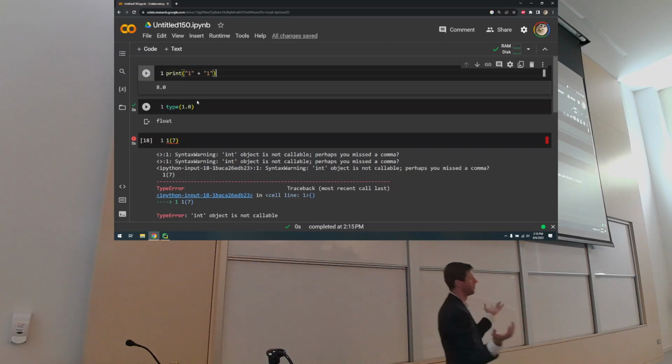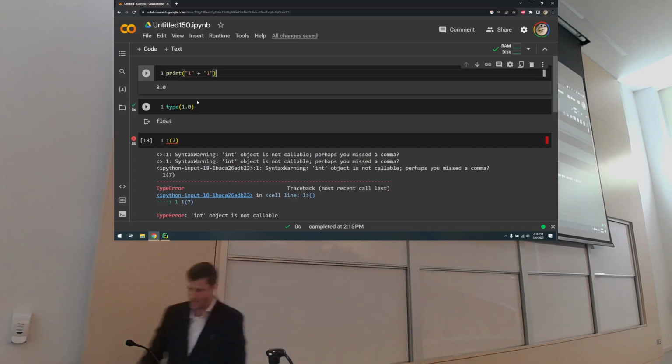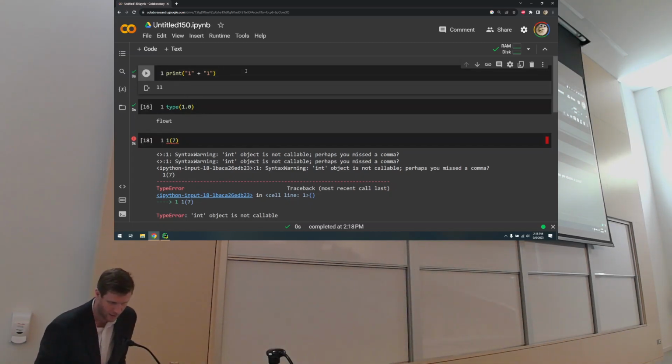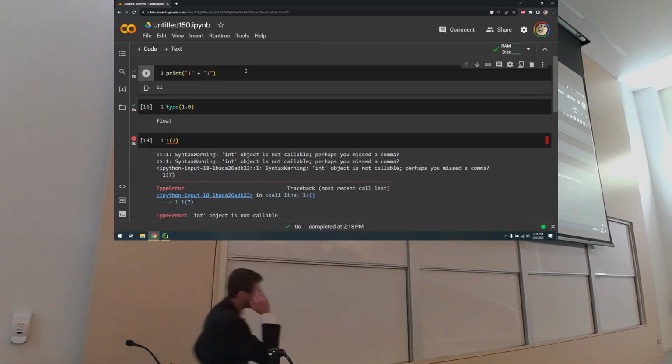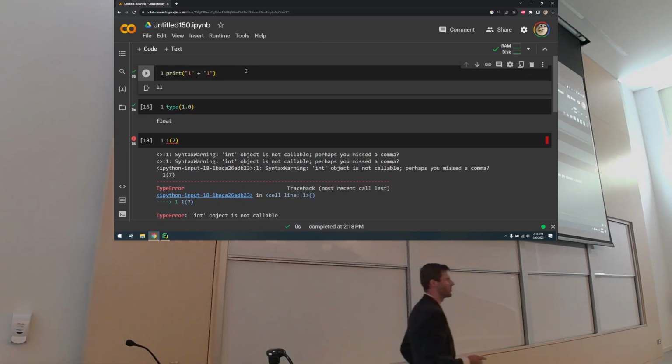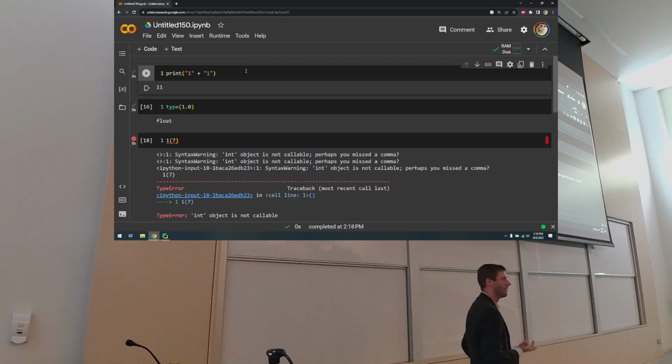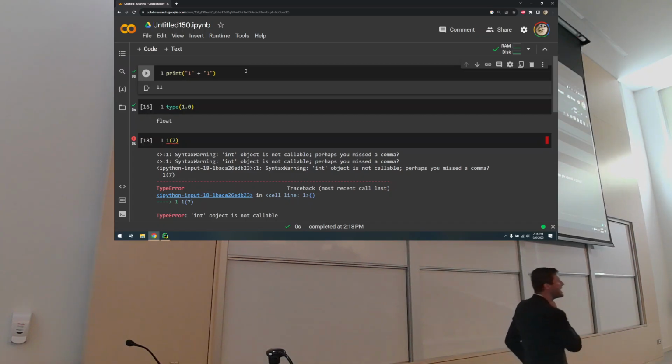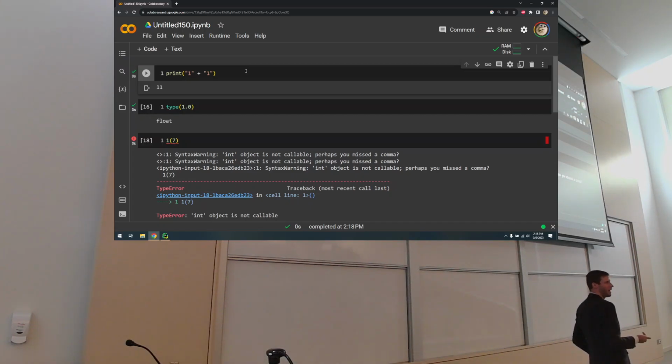So when I hit run, if I was expecting to get 2, because I thought it was taking integers, and I have 11, is that a good thing or a bad thing? It's a bad thing. That's a bug. And these are one of the sneaky types of bugs where Python didn't yell at you. It was like, okay, I'll do what you told me to.